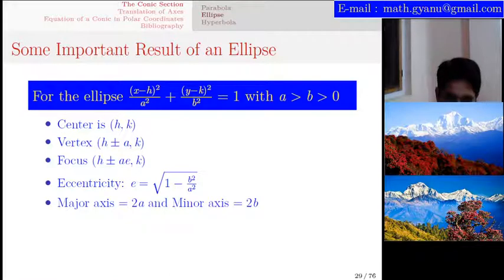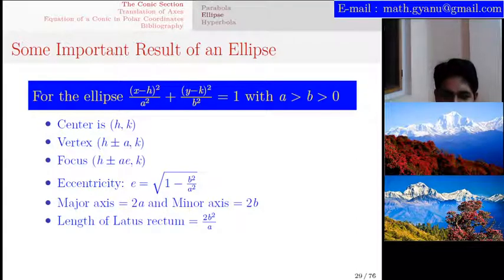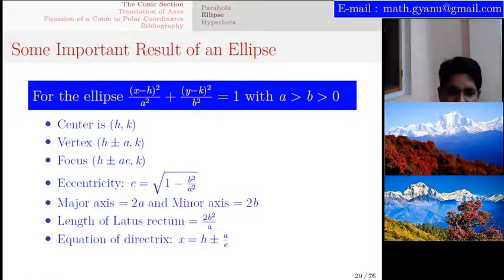The major axis will be 2a and the minor axis is 2b, and the length of the latus rectum will be 2b square divided by a, as in the first case. Now the equation of directrix will be x equal to h plus minus a by e.